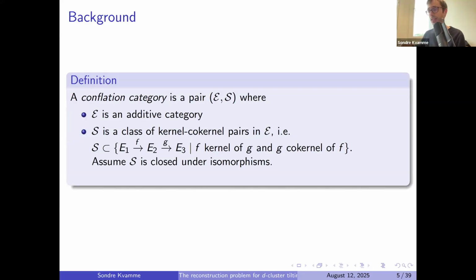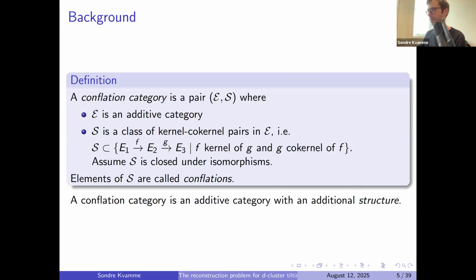So a conflation category is something very simple. It's just an additive category where you point to a specific class of kernel-cokernel pairs that you somehow keep, that you remember. If you have an abelian category, of course, a kernel-cokernel pair is the same as a short exact sequence. In general, we call these kernel-cokernel pairs we care about conflations. So we have an additive category together with a class of conflations.